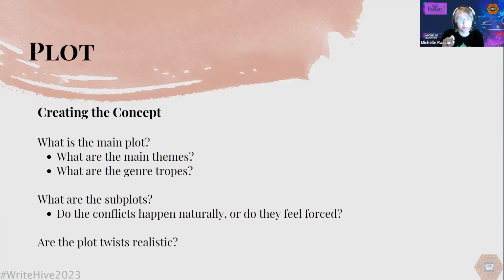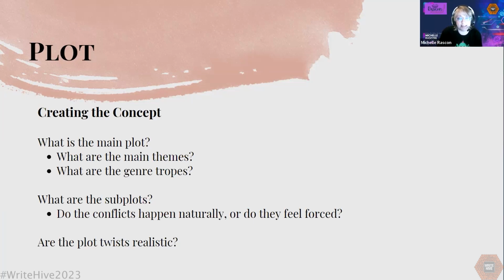And that kind of goes back to character development as well, because a lot of themes come through the characters. Then you want to ask yourself as you're reading, what are the subplots? Subplots are like the incidents that happen as the character is going through this journey of the main plot. Ask yourself if the conflicts happen naturally or if they feel a little forced. That can be kind of difficult to tell because you are so close to the story.